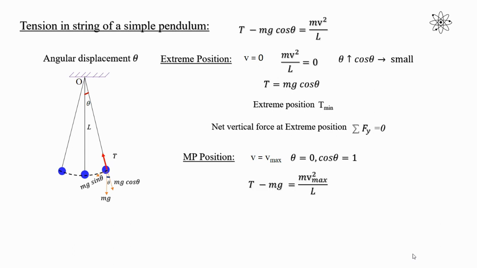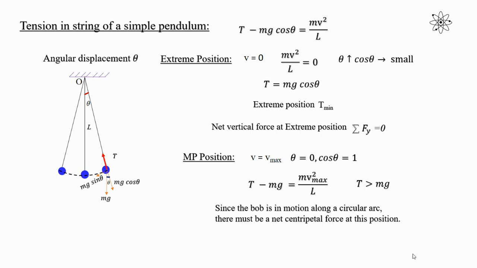So the equation becomes T minus mg is equal to mv square max upon L. Here, note down, student, your tension must be greater than mg. Since the bob is in motion along a circular arc, there must be a net centripetal force at this position, which changes the direction of motion. So at this position, the tension has the maximum value.